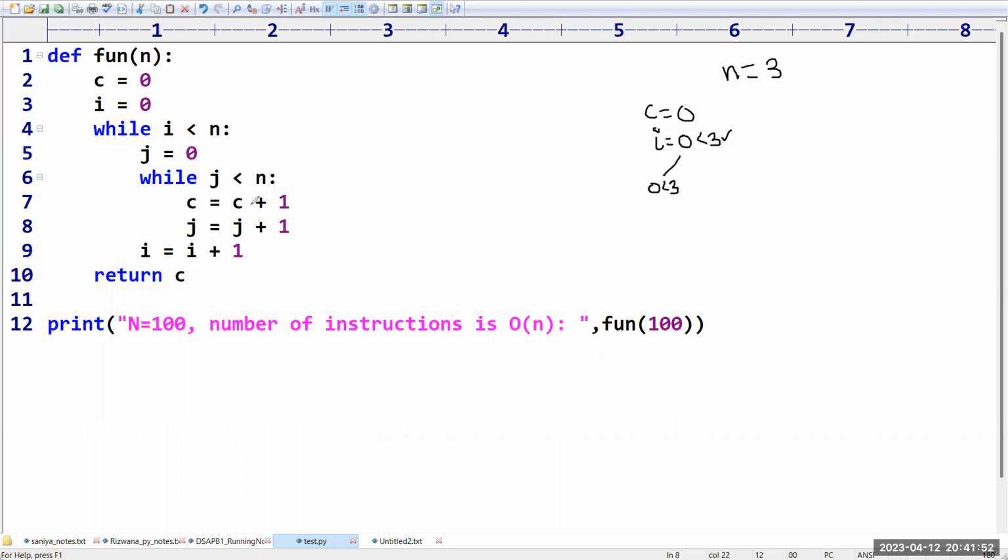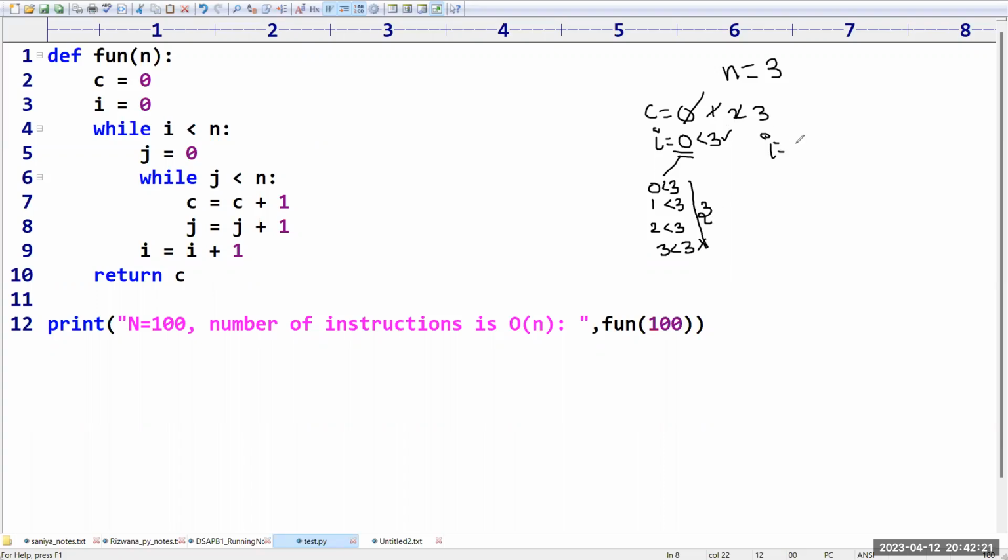Yes. Then count will become count plus 1, your count is 1. j is equal to j plus 1, j will become 1. Is 1 less than 3? Condition satisfied. Count will become 2. Then j value is incremented to 2, less than 3, condition satisfied. So it is going to execute 3 times. Next 3 less than 3, condition not satisfied. That means for every i value, how many times is j executing? 3 times. That's why 3.